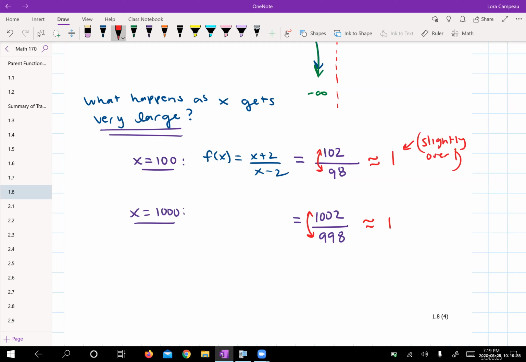If x gets really, really large, let's go super crazy, we would expect a number that's also very close to 1. It's like if you were to win $1 million, but the bank forgets 2, are you going to complain? Pretty close no matter what. So that's the idea behind this intuitive approach.